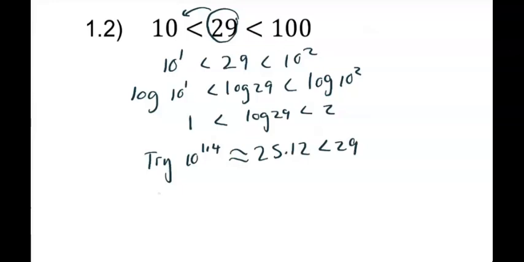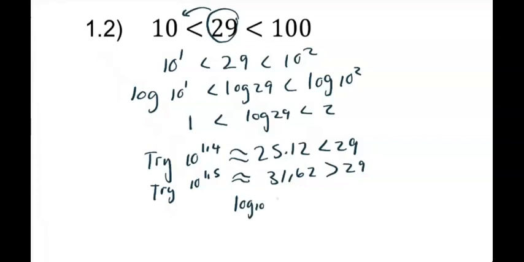If I try something larger, because 25 is near 29, if I try slightly larger, like 1.5, I get approximately 31.62, which is in this case now larger than 29. So now we know that 29, the log to the base of 10 of 29, is in between 1.5 and 1.4.